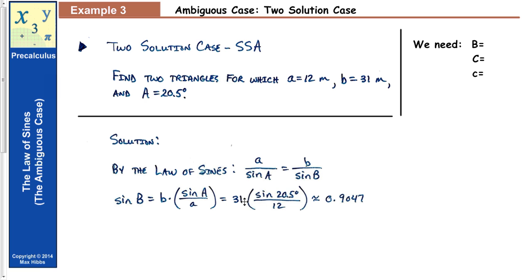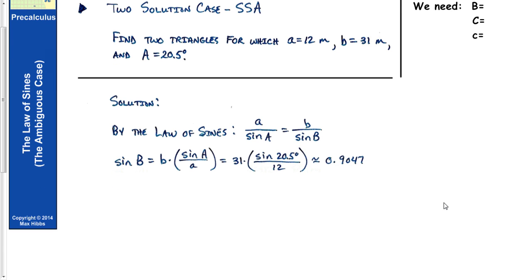Remember, side B is 31, angle A is 20.5 degrees, and side A is 12 units, 12 meters. And I did the calculation, I got 0.9047. Now, here's the rough part that we need to be aware of.